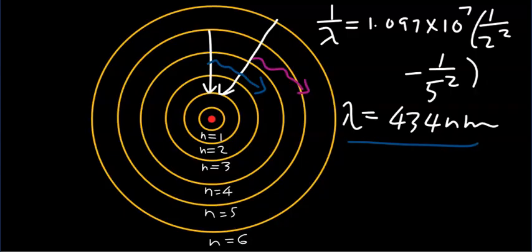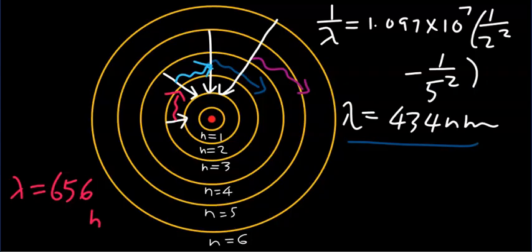Likewise, a radiation that is the result of transition from, let's say, n equals 4 to n equals 2 would emit light or radiation with some other wavelength. And finally, from n equals 3 to n equals 2 would emit radiation with a wavelength of about 656 nanometers, and so on and so forth.